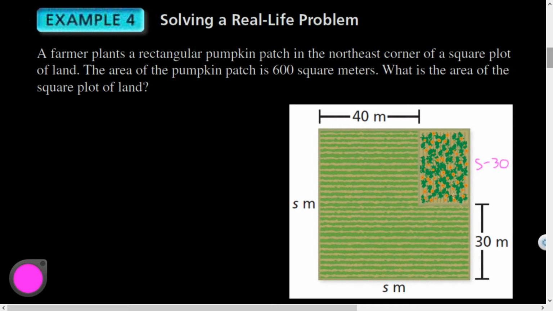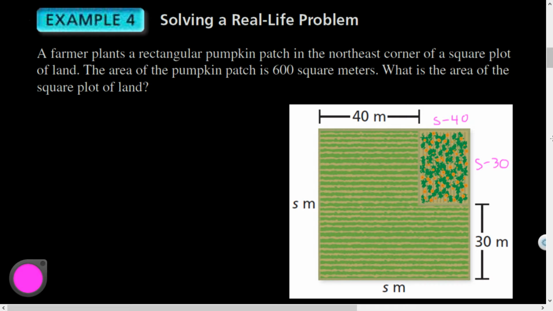You guys agree? All right, could someone help me out with this distance? The entire distance across is S. S minus 40. I think I agree. All right.